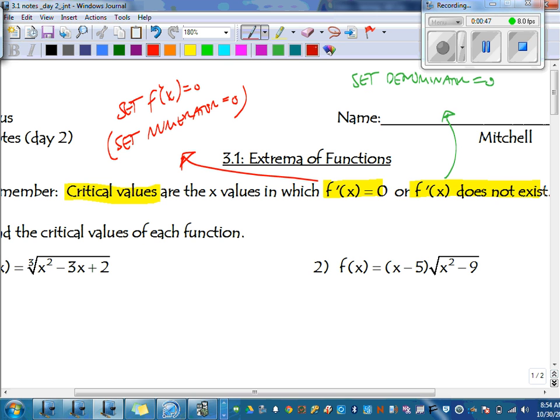And remember, for this, if we use the quotient rule, you can skip this.